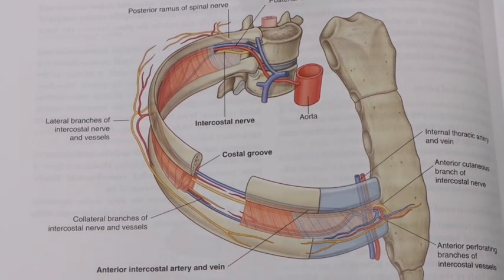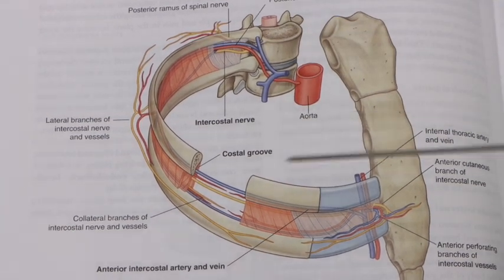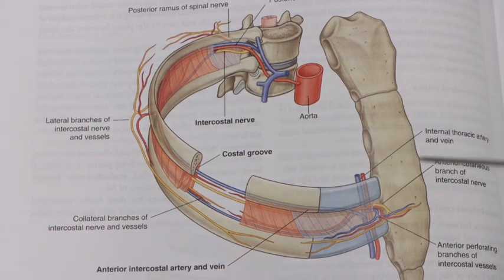Be careful, the upper two intercostal spaces, it means the first and second intercostal space, on the posterior side are supplied by branches of the subclavian artery, the costocervical trunk, which gives the highest intercostal artery or intercostalis suprema. It supplies the upper two intercostal spaces on the posterior side, that I'm going to discuss.